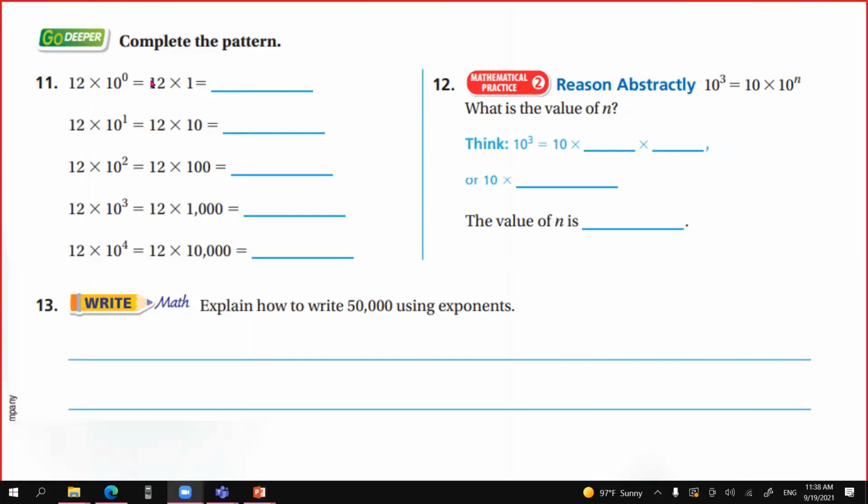Yes, Noura. Number 11. No, not Nada. I'm waiting for Noura. Now, Noura, are you here?